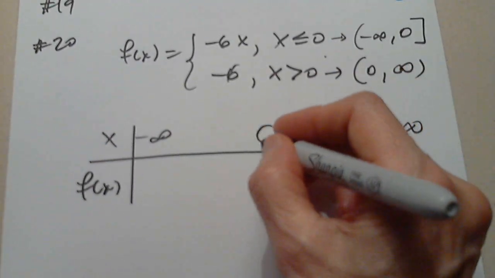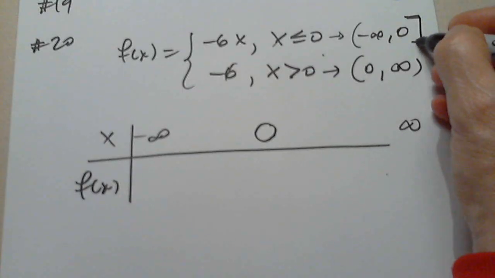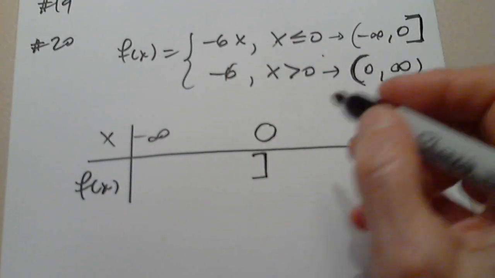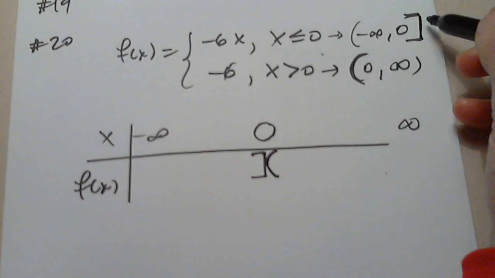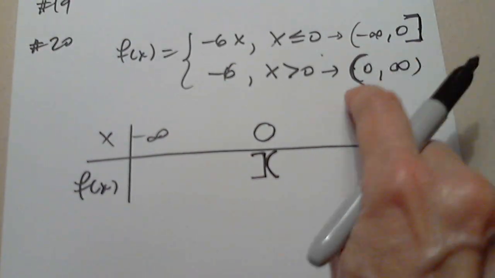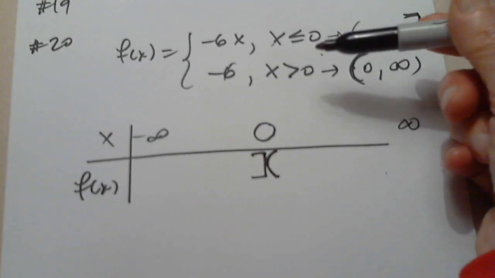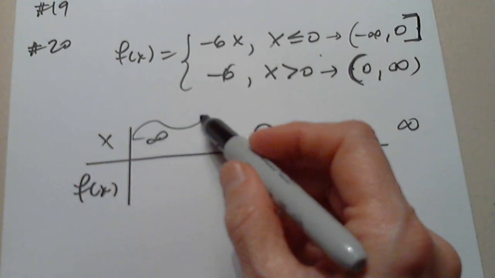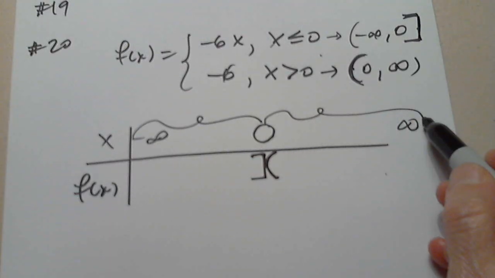But 0 is an important point. See, a bracket to the left and a parenthesis to the right. So I put these 2 symbols right here exactly as they are presented. Opening to the left, opening to the right.